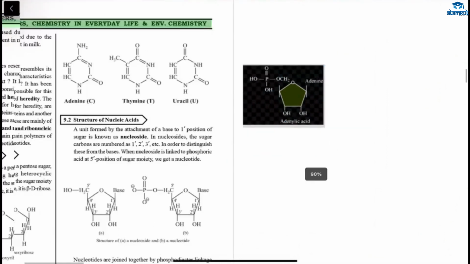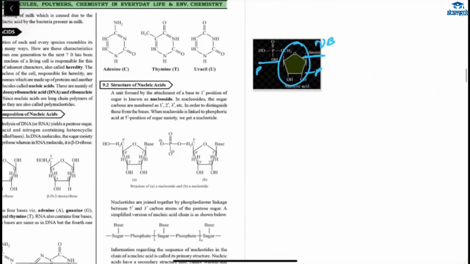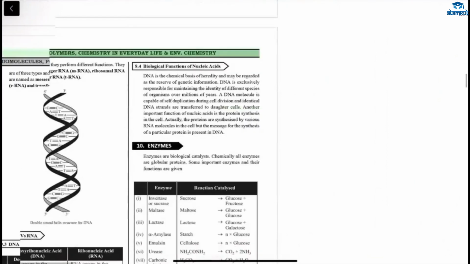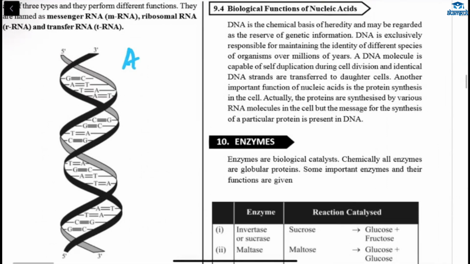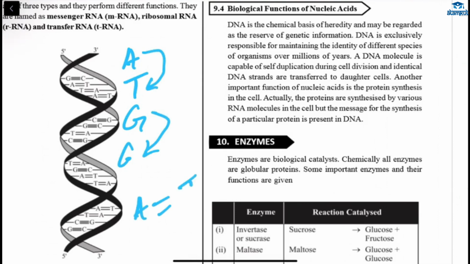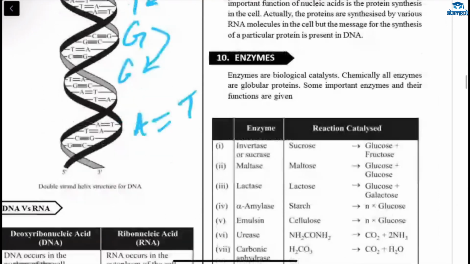Nucleic acids are of 2 kinds, DNA and RNA, and here is the structure of DNA. DNA is composed of adenine, thymine, guanine, and cytosine. Whenever a DNA is formed, A will always join with T and G will join with C. Adenine forms a double bond with thymine, and guanine attaches to cytosine with a triple bond.